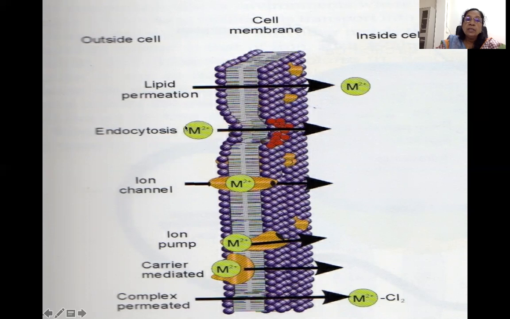By endocytosis, the metals can enter into the cell. Using ion channels, also the metals can enter into the cell. Using ion pumps, carrier-mediated, proteins are normally used as the carrier. Through this carrier-mediated transport also, metals can enter into the cell, and also through complex permeation, metals can enter into the cell.